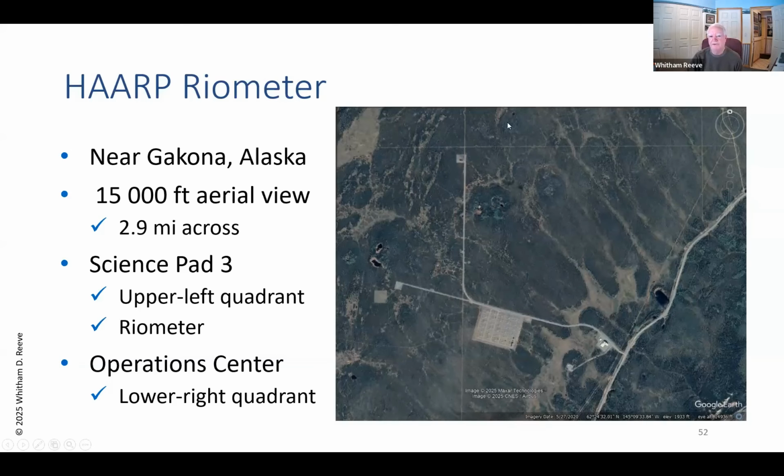It encompasses this whole area here. Here is the ionospheric research instrument, the big transmitter itself. And the operations center is down here. The riometer that we just installed here in January is located up on Science Pad 3, which is up here in the upper left quadrant.